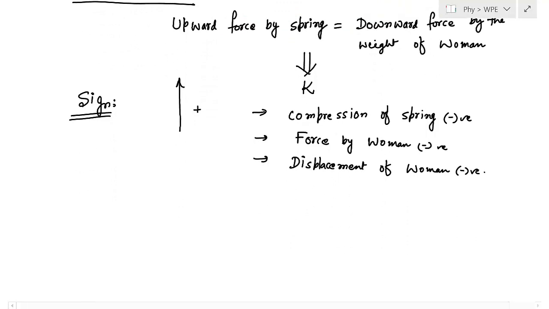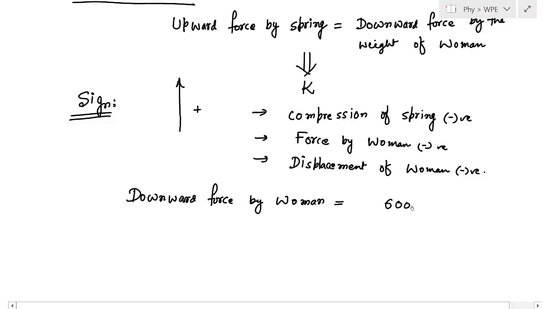As I said, in equilibrium, the total force applied by the Bowman is equal to the total force applied by the spring. So let us calculate these two forces. The downward force by Bowman is nothing but 600 Newton.